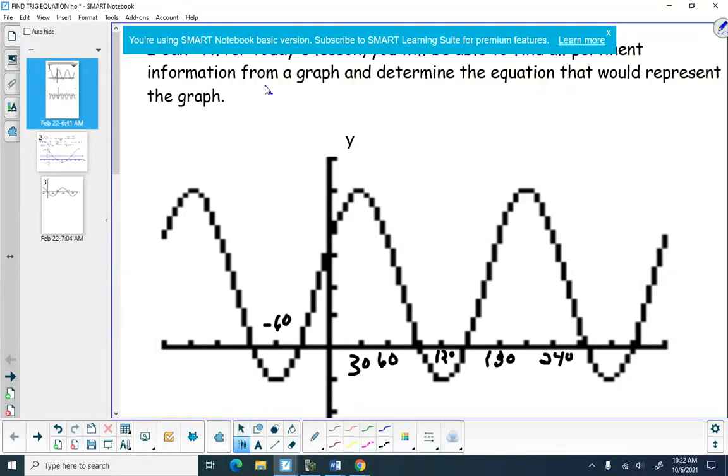We still have the base equation, y equals vertical phase shift, plus or minus the amplitude, sine or cosine, b, theta minus horizontal phase shift. We still have that same general equation. We still know the period is calculated by 360 divided by b. That information is not changing because we're still dealing with a sine and cosine curve.